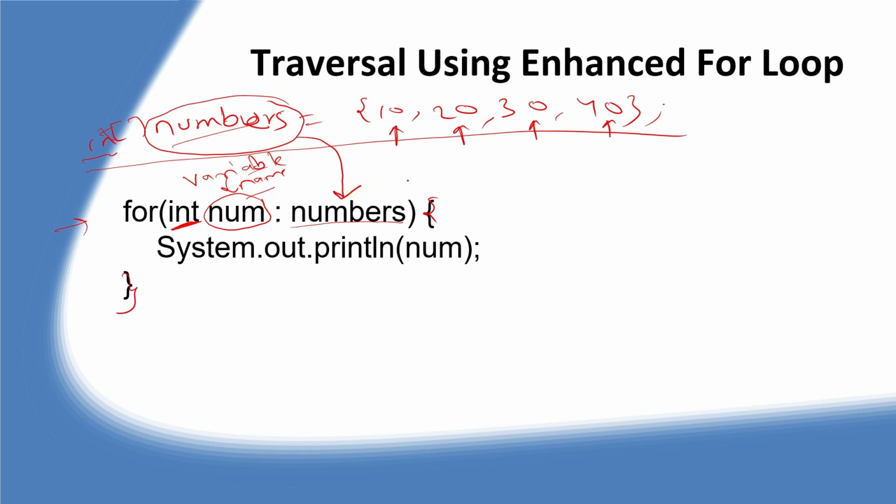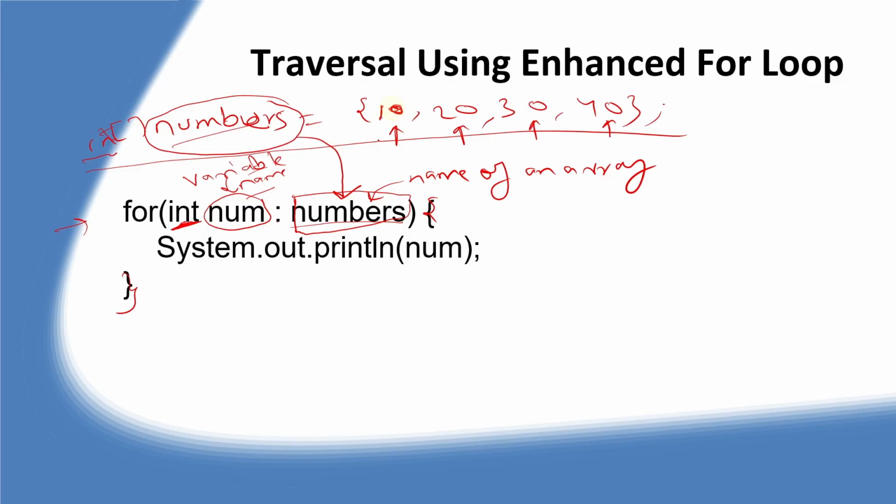This is the name of the array which we will be iterating. This array contains values, and the data type of these values is integer. After each iteration inside this array we get a value, so where do we hold it?